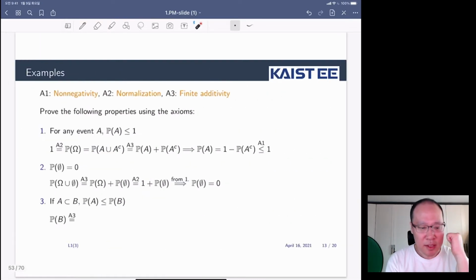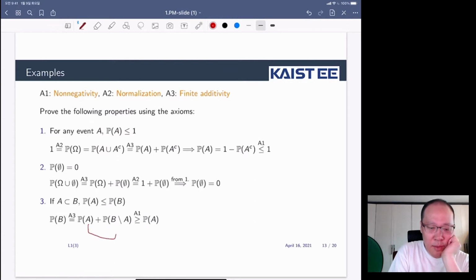The third thing is that if A is a subset of B, then its probability should be less than or equal to the probability of B. From the finite additivity, the third axiom, the probability of B is equal to the probability of A plus the probability of the set B minus A, right? A and B minus A are disjoint. Okay.